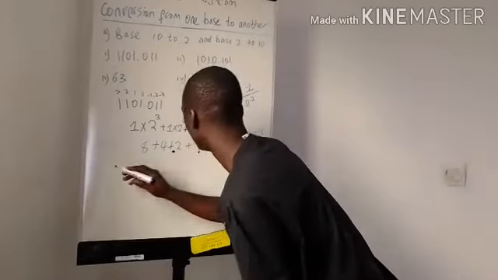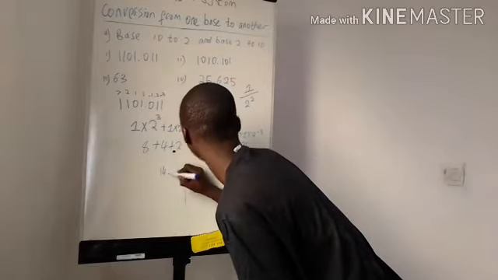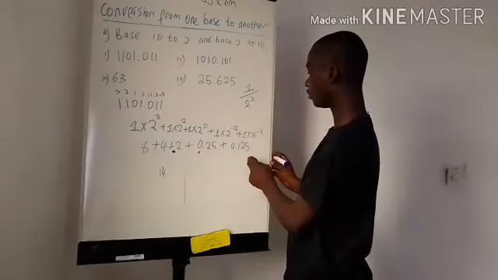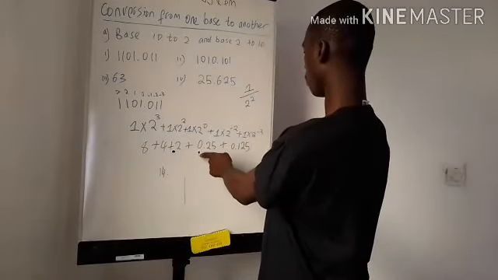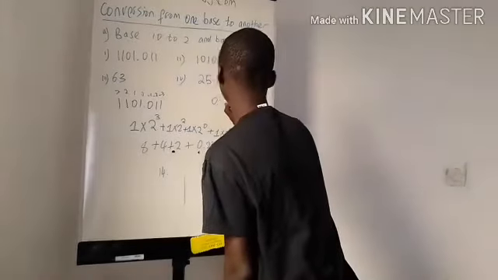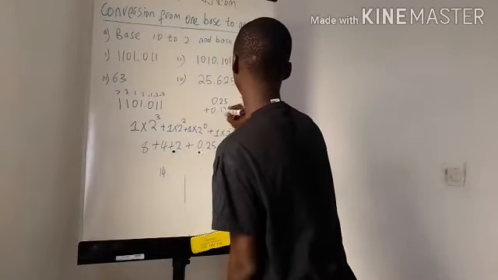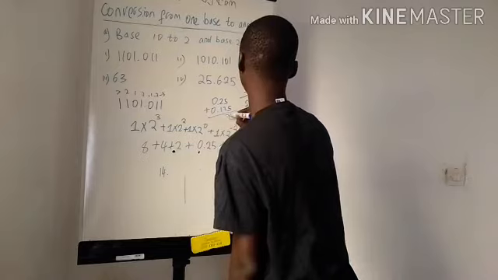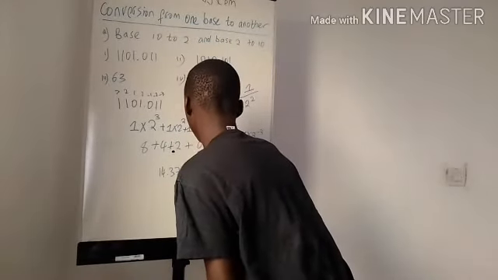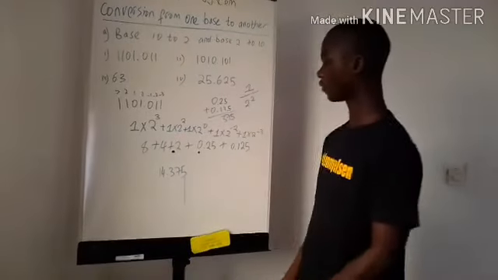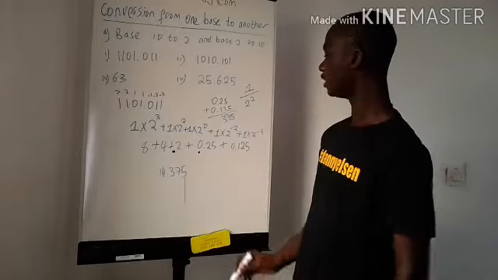Here in the whole part we have 14, and 0.25 plus 0.125 gives 0.375. So this is the representation of this number in base 10.